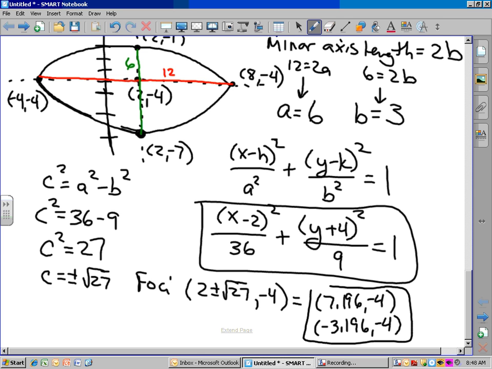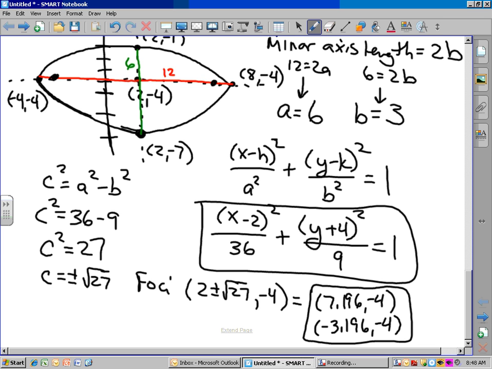Okay, 2 plus the square root of 27 is 7.196 approximately, and 2 minus the square root of 27 is negative 3.196 approximately. So, about here, and about right there. Questions? So far, so good?